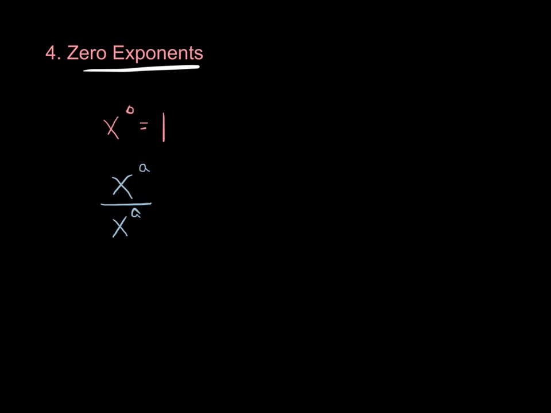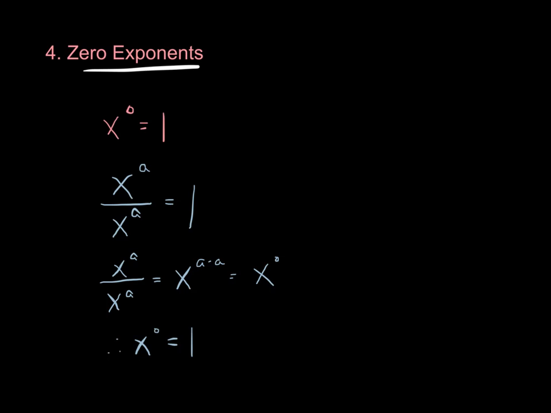Well, we know that a number divided by itself is equal to 1, but we also know that when we divide with common bases, we subtract the exponents, and a minus a is 0. So since x to the a divided by x to the a is equal to 1, and x to the a divided by x to the a is also equal to x to the 0, we can conclude that x to the 0 must be equal to 1.